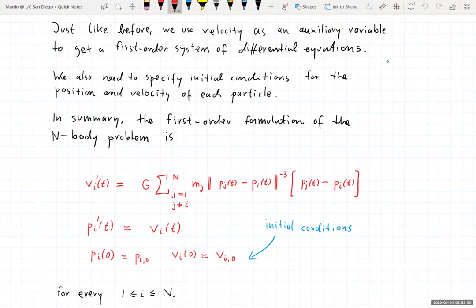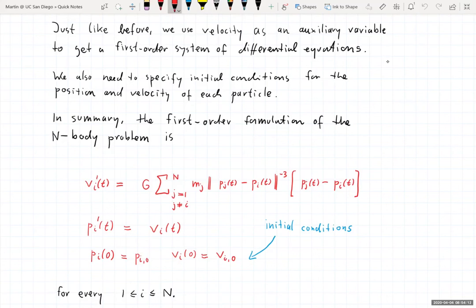And since we work with n different particles, in total, we're going to have 2n differential equations for 2n unknown vector valued functions, and 2n initial conditions.